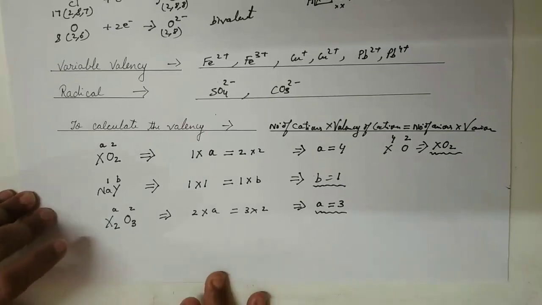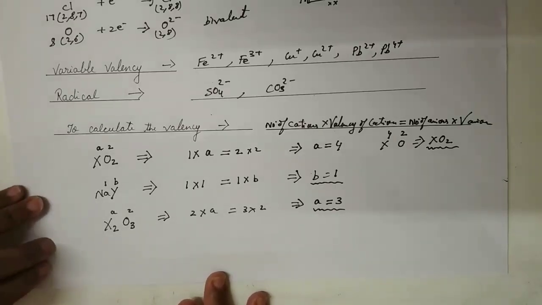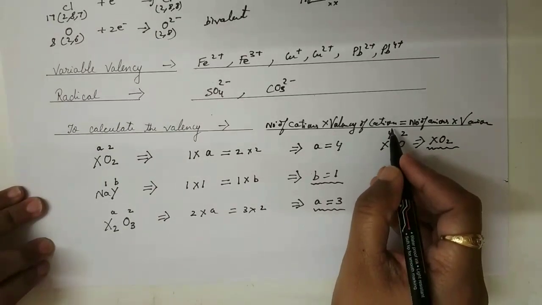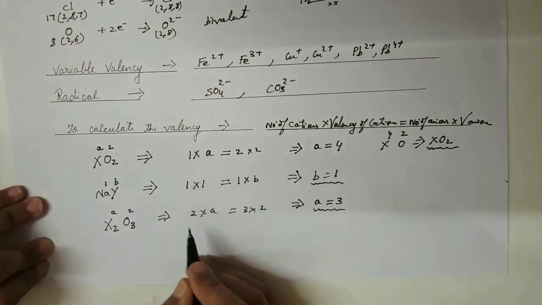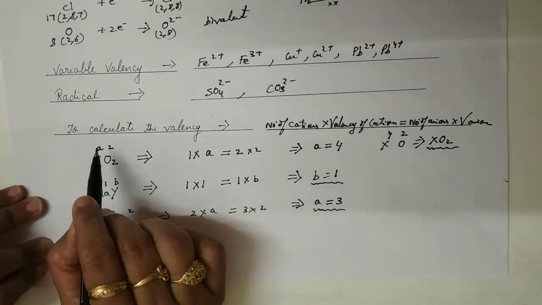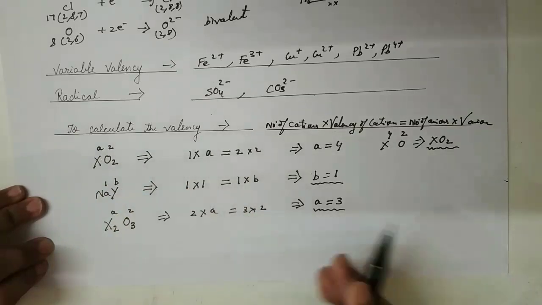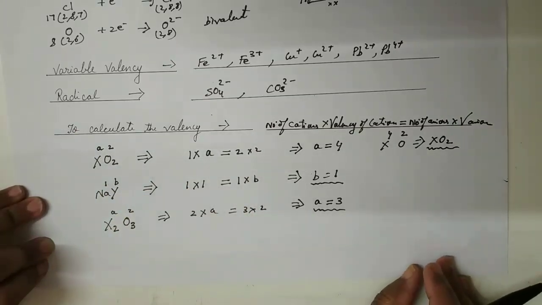What you have to do, children, is take up different compounds and, using this method, calculate and master yourself in questions like calculate the valency of the unknown radical in a given compound.